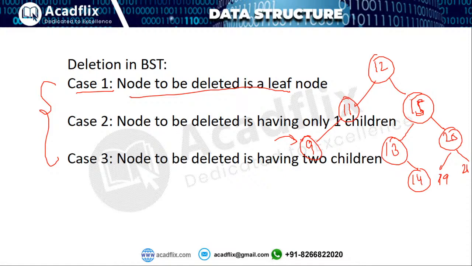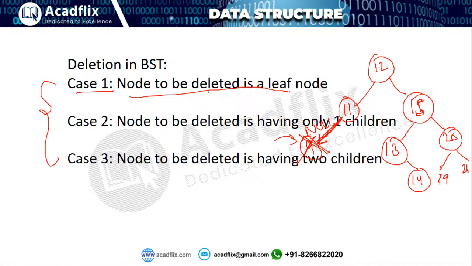So whenever the node to be deleted is a leaf node, I don't do anything special. I just make its parent pointer point to null, and I delete this node, or free this space. I simply delete that node, and whatever its parent was pointing to, I make that pointer point to null.